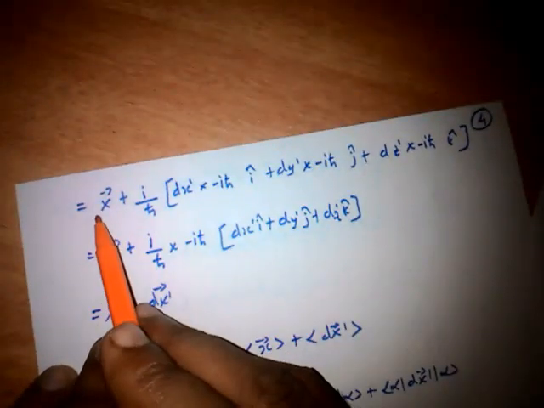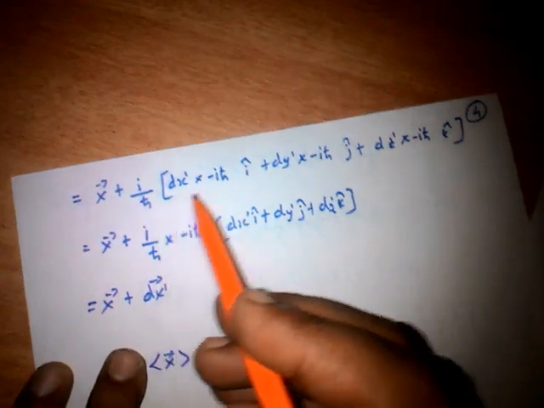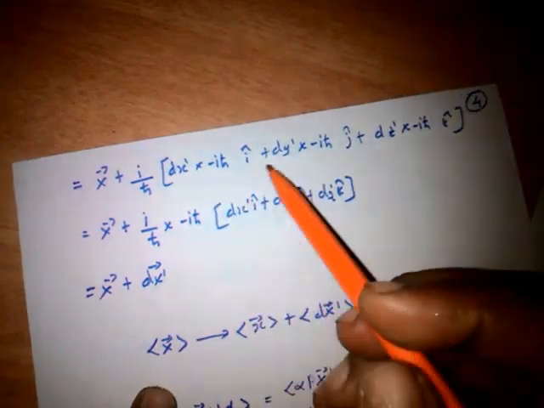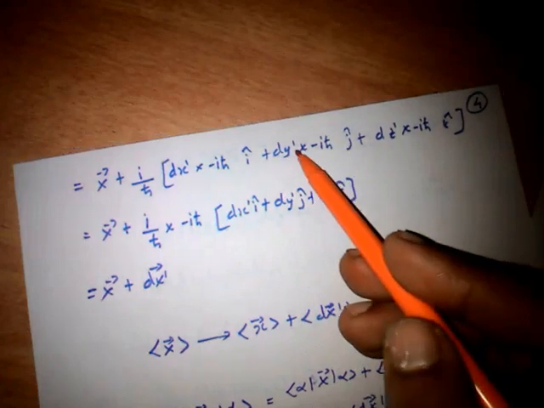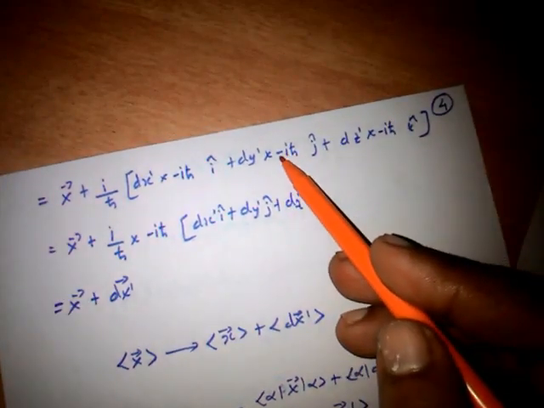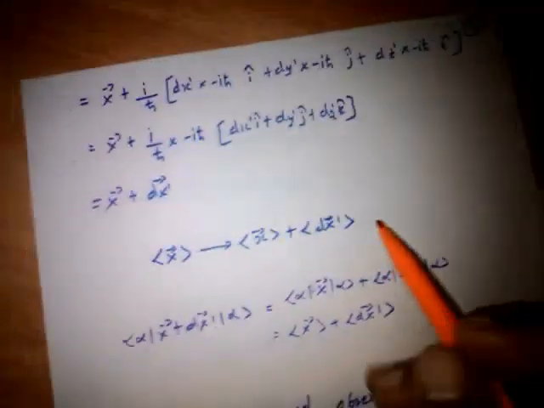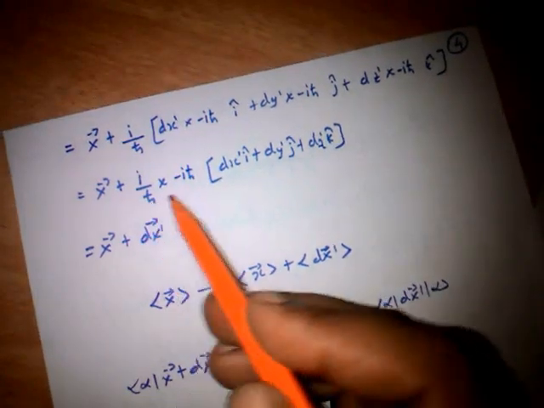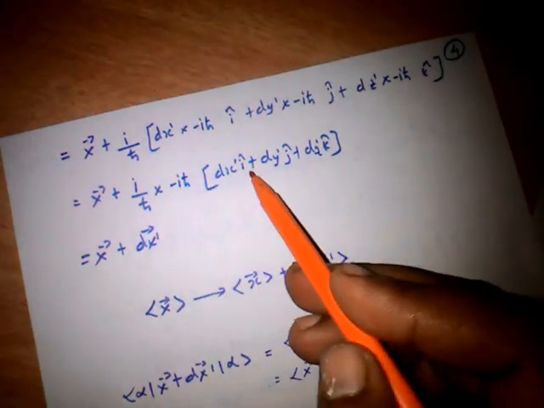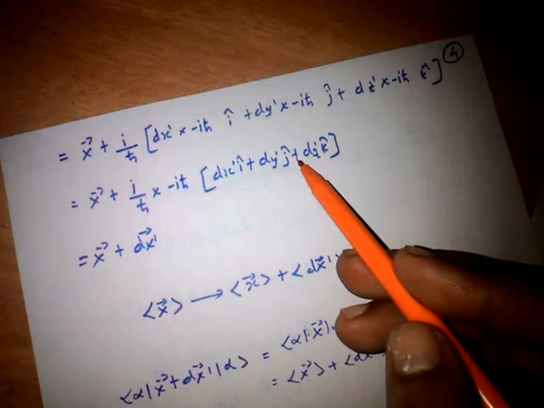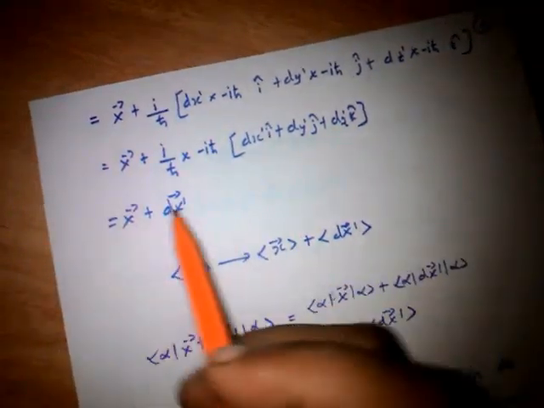So the next step: that is equal to x plus i over h cross dx dash minus i h cross I cap plus dy dash into minus i h cross j cap plus etc. That is equal to i over h cross into minus i h cross dx dash I cap plus dy dash j cap plus dz dash k cap, equal to x.